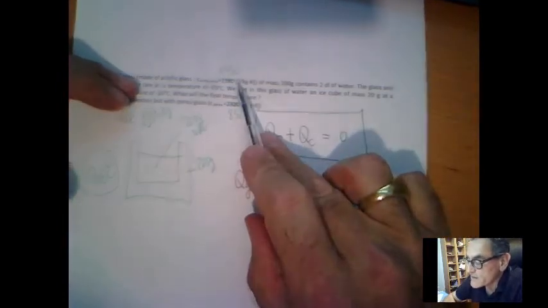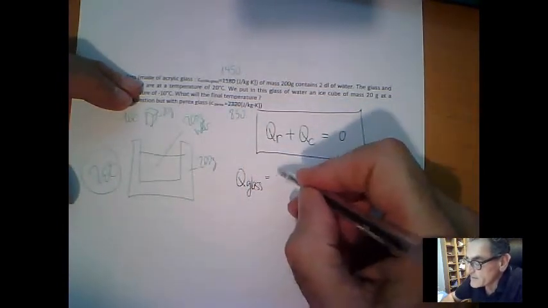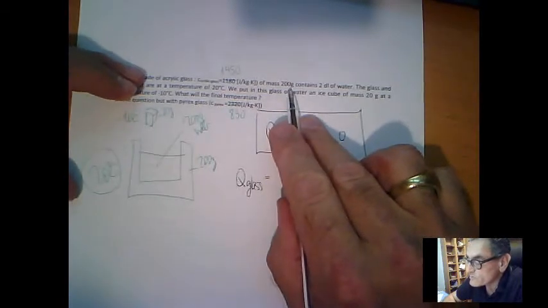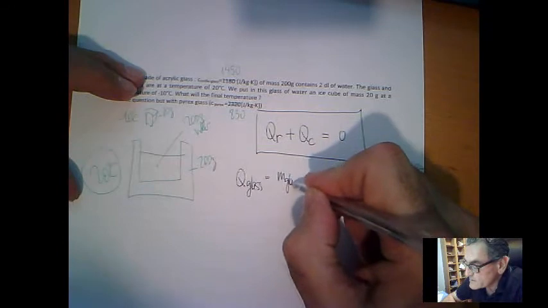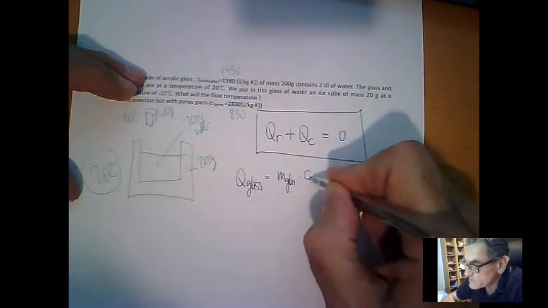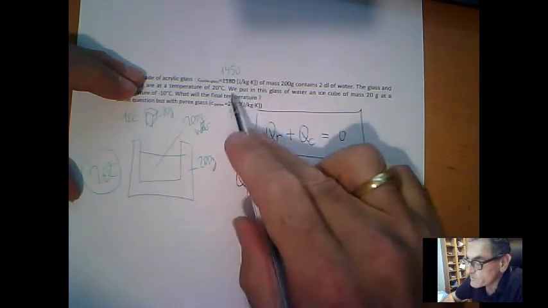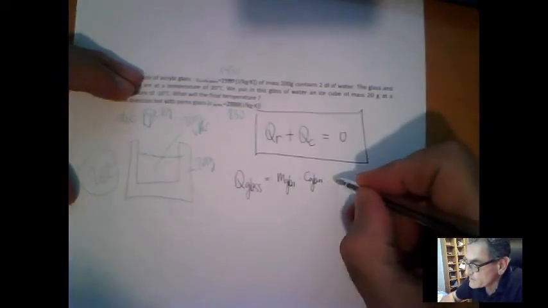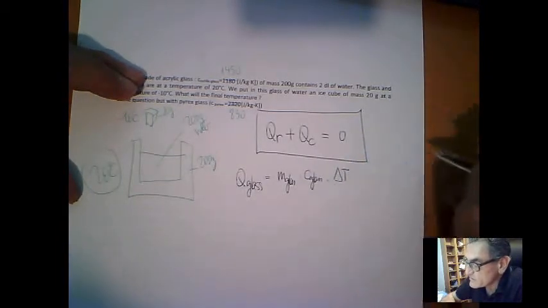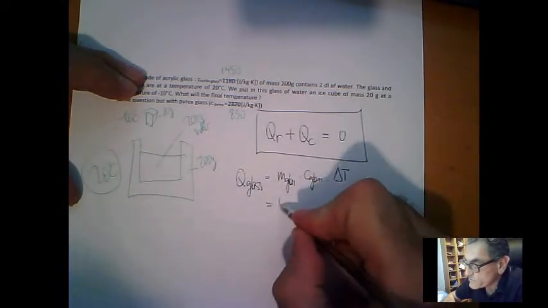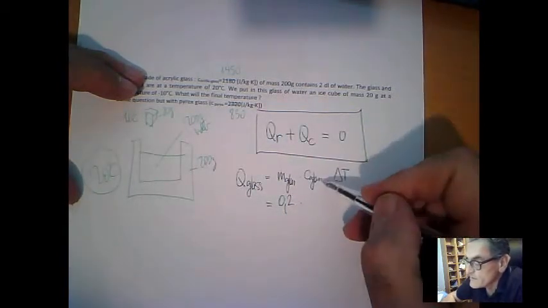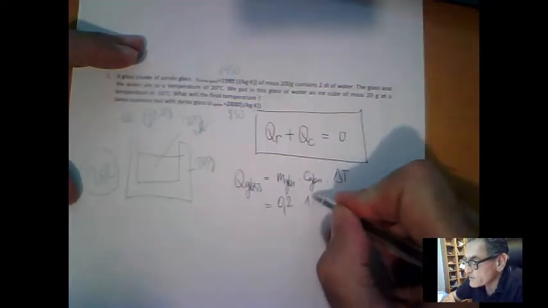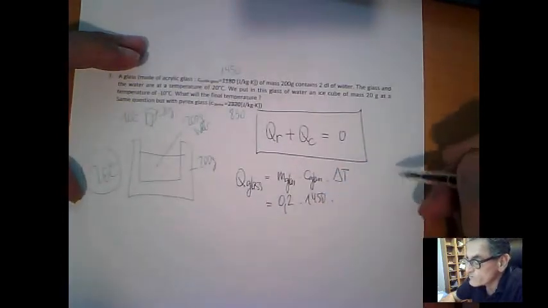The glass, it's acrylic glass, and the mass of the glass is 200 grams. So it's the mass of glass times the C of this type of glass, which is acrylic, times delta T of the glass. The mass of the glass, we said, is 200 grams, so in kilos it's 0.2. The C of the acrylic glass is 1,450.